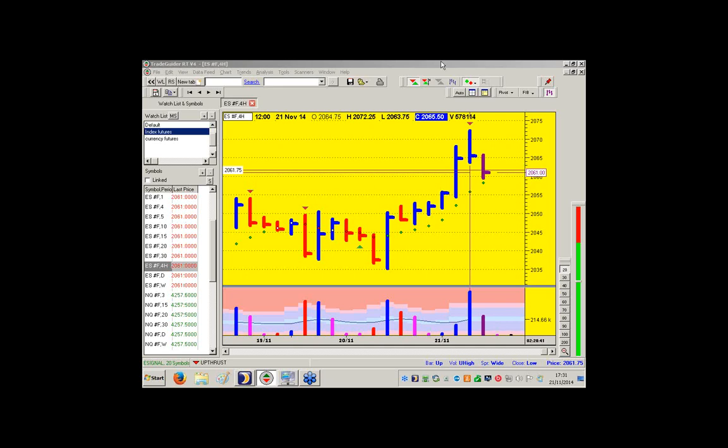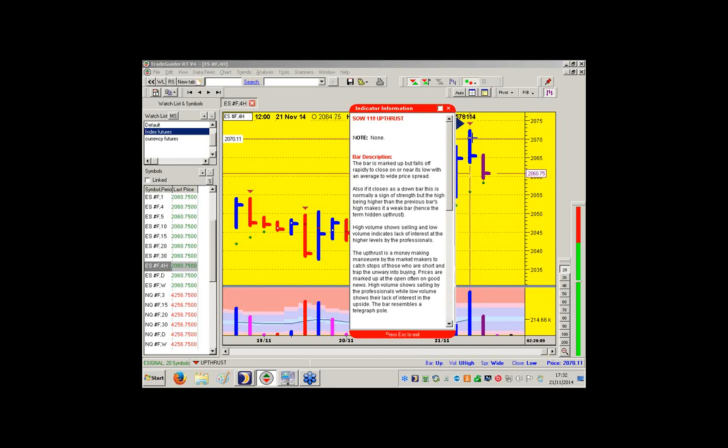Right, so I'm giving this 4-hour chart a lot more attention now than I used to, because it's surprising the principles that show up on this chart. Now, admittedly, right at the top there, we have an upthrust, which is an obvious sign of weakness, especially in the 4-hour chart. There it is.